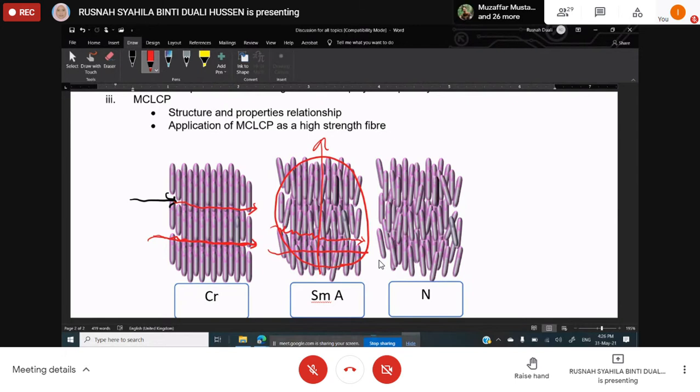So it's actually, we can break it easily. But if you try to imagine in nematic, because actually it's not only one layer. Let's say this is the positional order of that, and also if we look at it macroscopically, it's almost random.